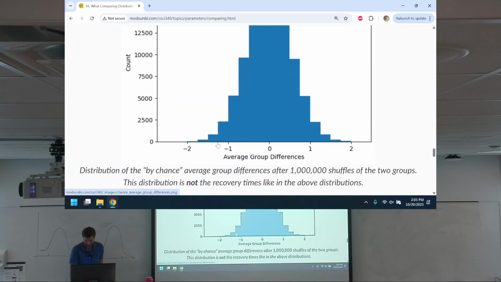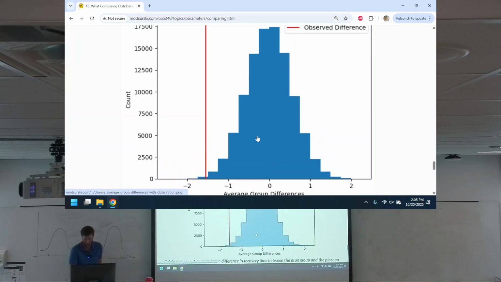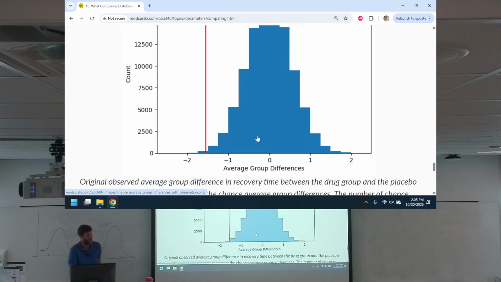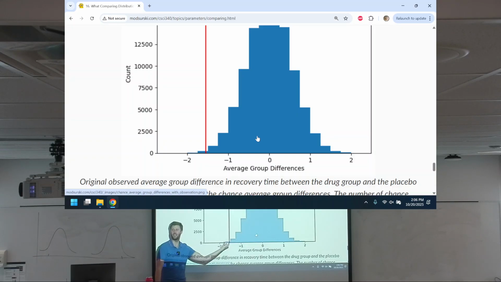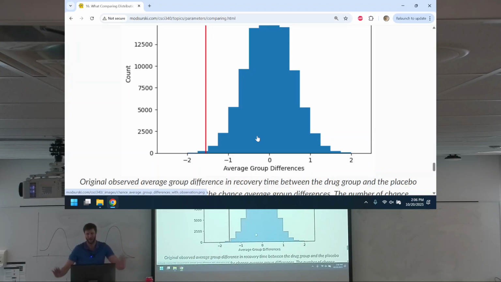So if we go here and do like 1.6 days, boom, that's the line. This is what the group that I actually assigned gives me. This is the dumb luck distribution. So, what is the probability that this happened by chance? That is the dumb luck. What is the probability this happened by dumb luck? That. That's what a p-value is.